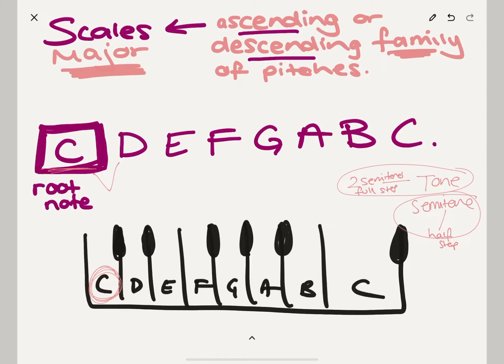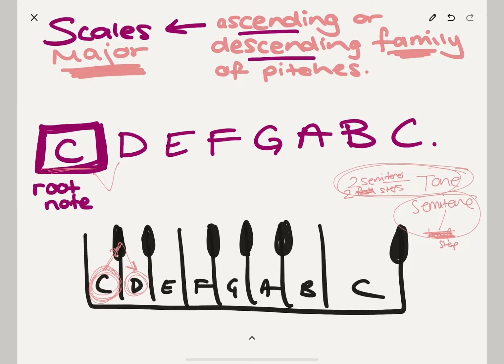Now a step, if you look at the piano, is going from one key to the next key. Maybe we'll call this a step, and this is two steps, because that might help. So C to here is a step. It's a semitone. Two steps takes you to D, and that's a tone.